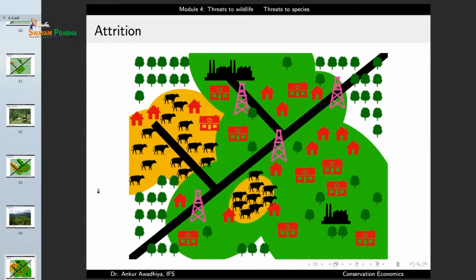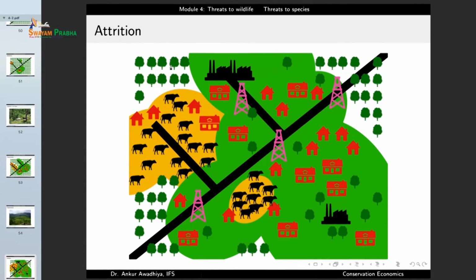Now, after fragmentation, we have the process of attrition. In attrition, these settlements grow to such a large extent that these pockets have become very small areas. During this process, we will also start seeing electricity coming into this area, small industries, or facilities such as schools and hospitals being built, because these settlements are now so large that the government is bound to provide them with certain facilities.